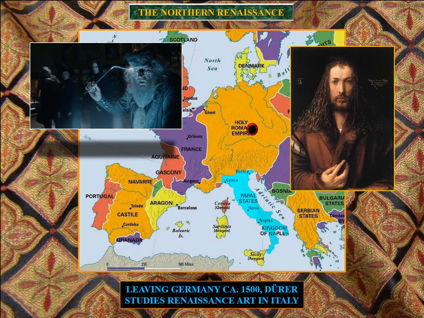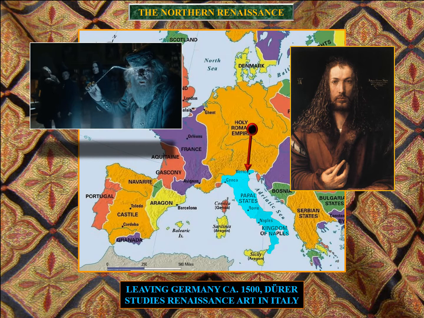Remember, when we were looking briefly at the Northern Renaissance, I said that the German artist Dürer left his native Germany and traveled south to Italy in order to enrich his art through studying the sources of the Italian Renaissance.